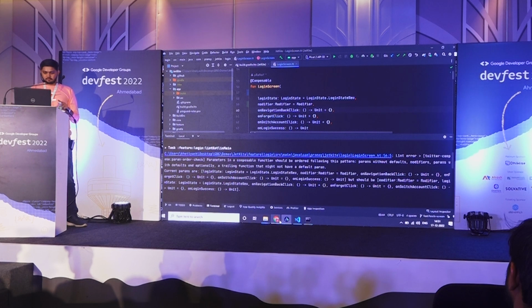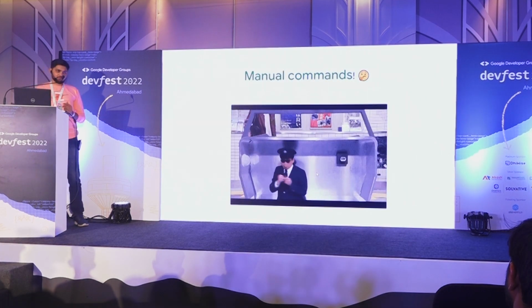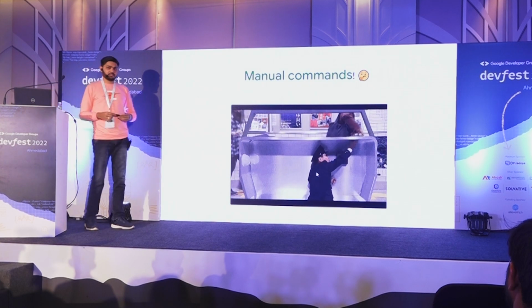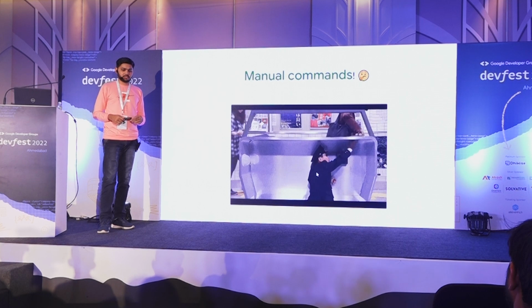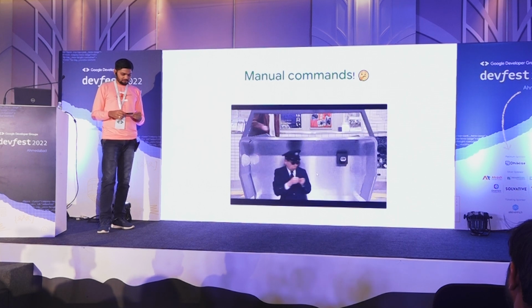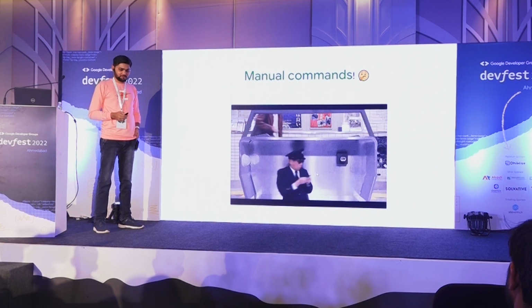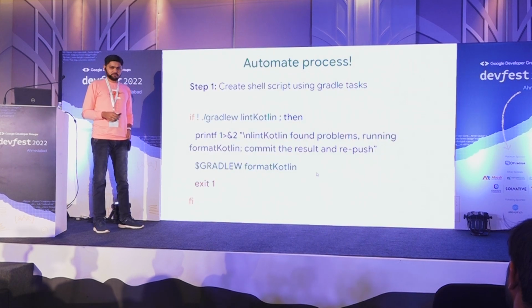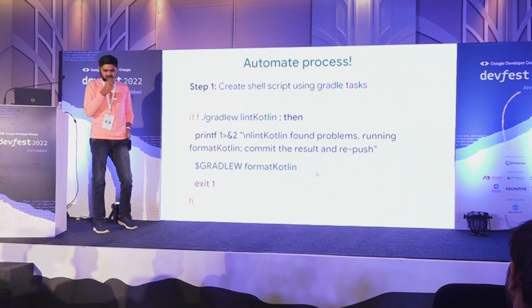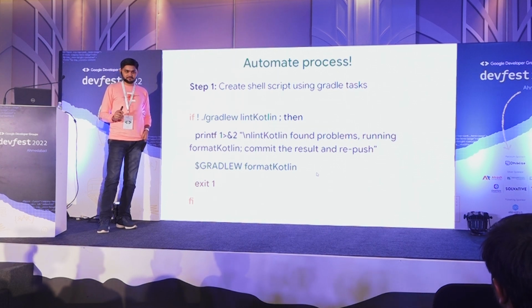Yeah, so the second step after this, so we have done the manual process, right? Do you think why I have to run the lint Kotlin command every time and validate my code, right? Basically we have to implement an automation process. So I have a question: how many of you have implemented a shell script in your project, for any purpose?